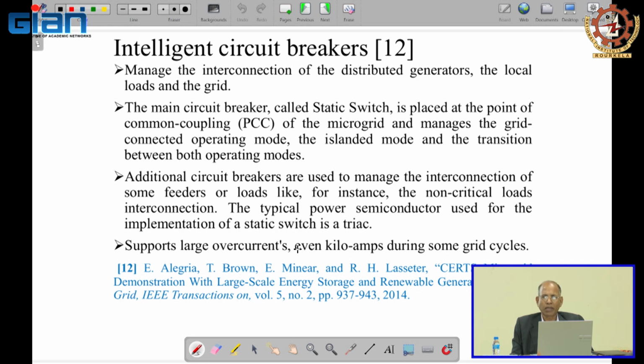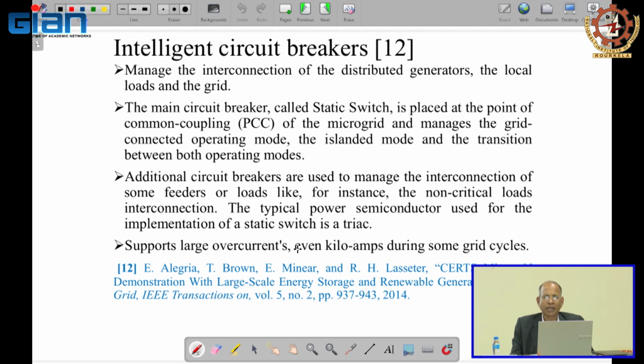So this static switch is very important, so that connecting or disconnecting of the microgrid is very prompt. It is what we call the intelligent breaker, the circuit breaker or the static switch, where we connect our system, what we call the microgrid, at the PCC, point of common coupling.